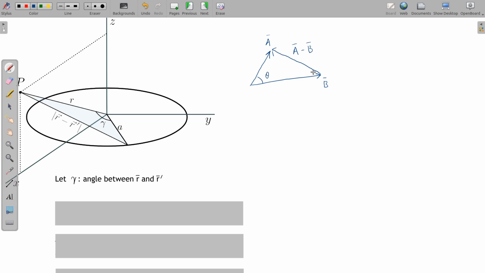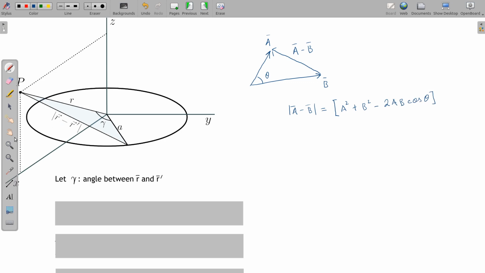If I want to find the magnitude of a minus b, we know from vector analysis that the square of the magnitude of a minus b will be the square of the magnitude of a plus the square of the magnitude of b minus 2 into magnitude of a into magnitude of b into cos of the angle between them.